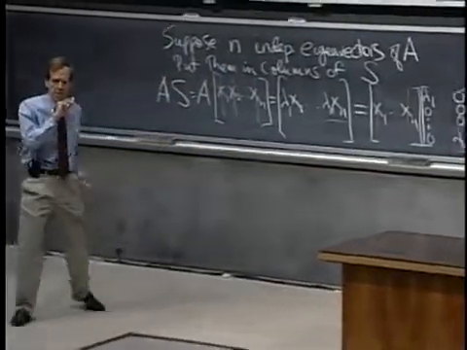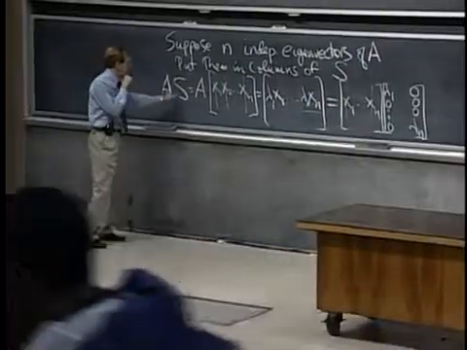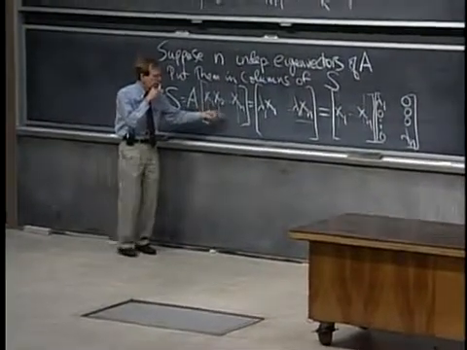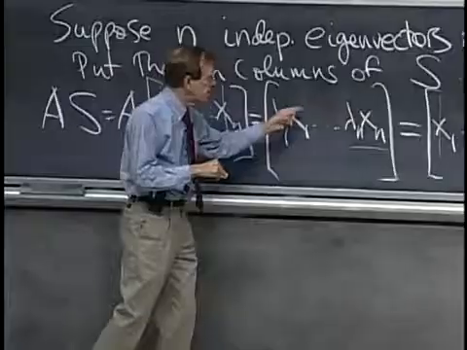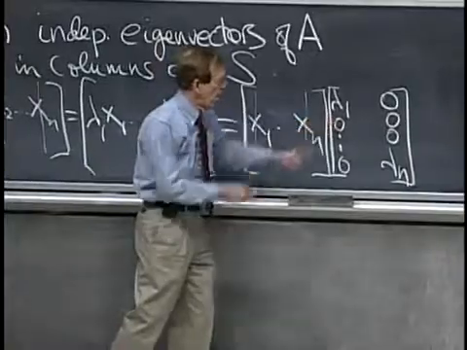There you see matrix multiplication just working for us. So I started with A S. I wrote down what it meant. A times each eigenvector. That gave me lambda times the eigenvector. And then when I peeled off the lambdas, they were on the right-hand side.